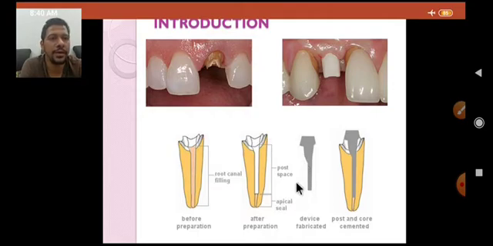The cast post and core will look somewhat like this, in which this post area will be inserted and cemented into this post space, and the core area will replace the coronal structure which I drew here earlier, on which you can give a crown to restore it. This is how we make a custom made cast post and core.